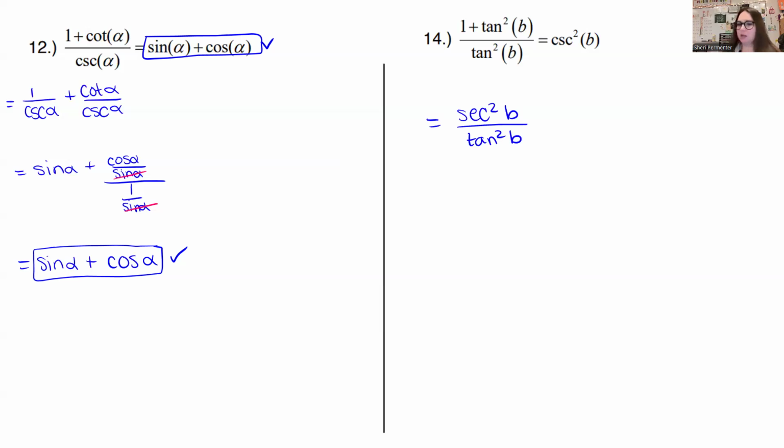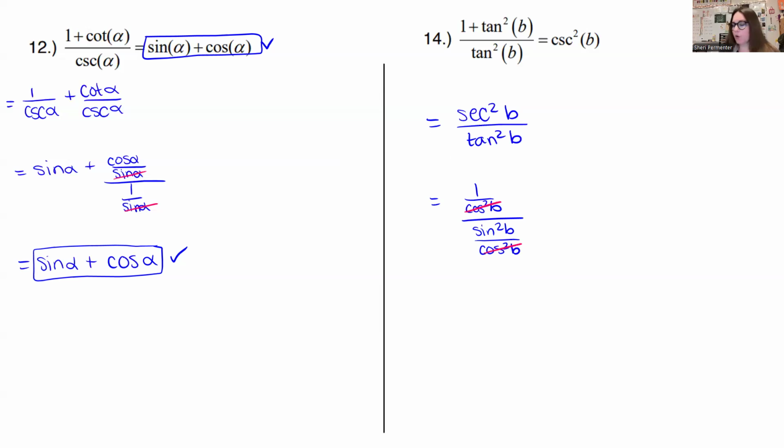Yeah, let's do it. So secant is the same thing as 1 over cosine squared b. And then I have tangent is sine squared b divided by cosine squared b. What happens when the denominators are the same? They cancel or reduce.